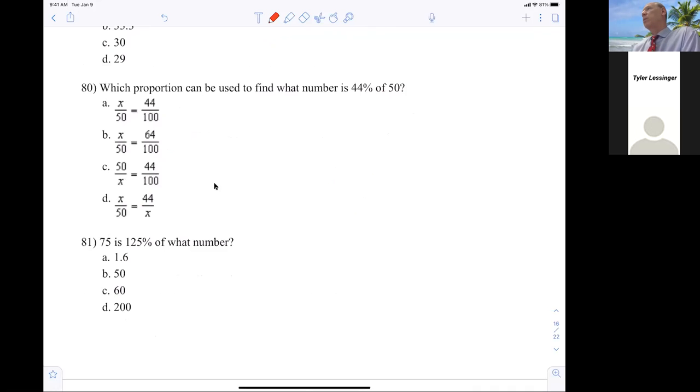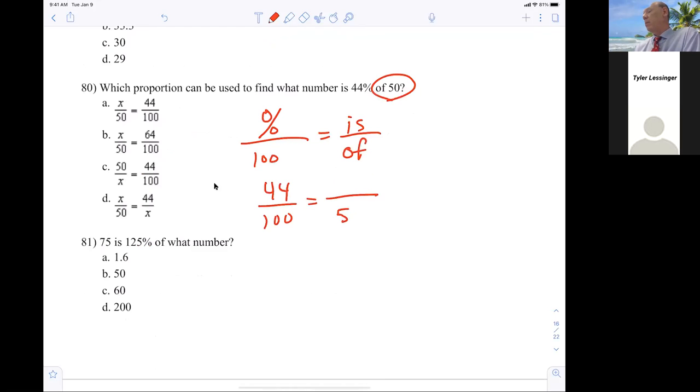Remember, that's where we did the percent over 100. Let's review that. Percent over 100 is over of. That's one method. So that would be 44 over 100. The of is 50, so that goes on the bottom. X goes on the top. So that answer was what? A.